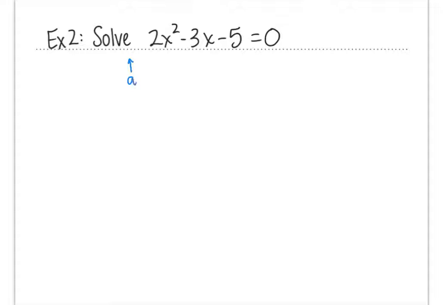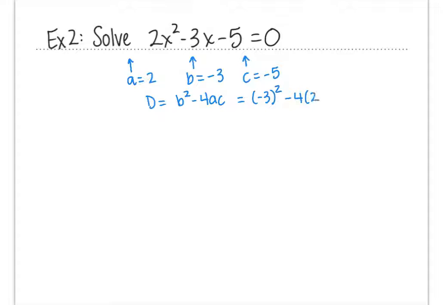Our value for a is 2, our value for b is negative 3, and our value for c is negative 5, which gives us a discriminant value, b squared minus 4ac, of (negative 3) squared. Notice here that I am putting negative 3 in parentheses to remind myself that negative 3 is going to be squared, minus 4 times a times c.